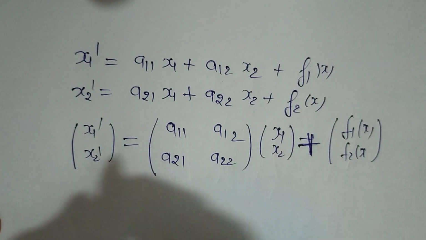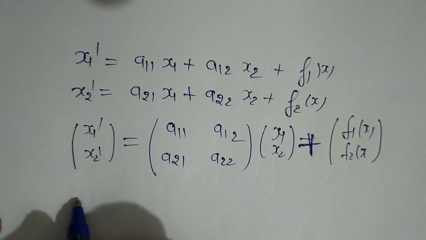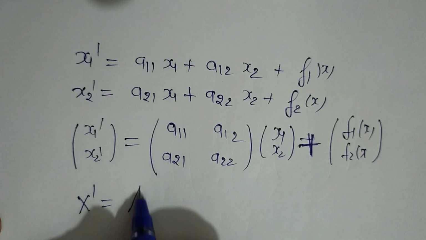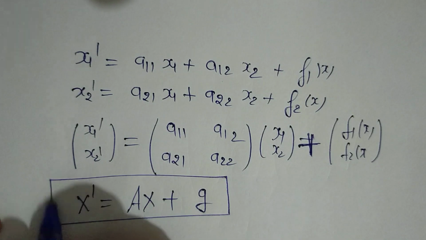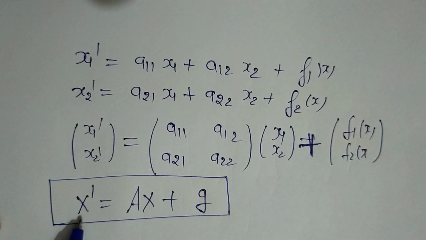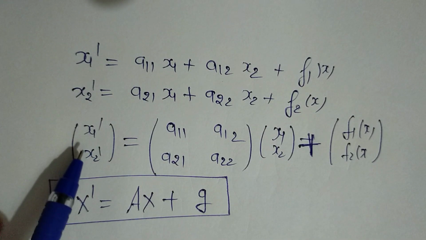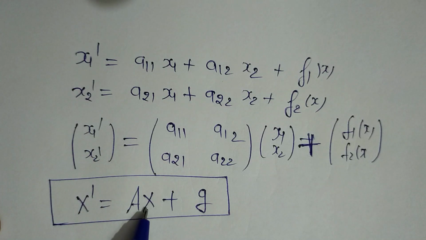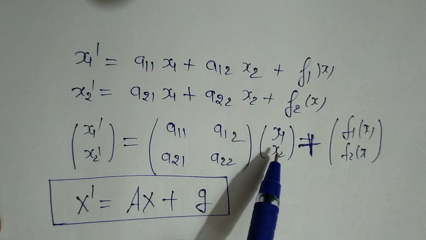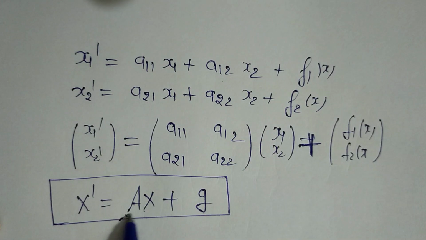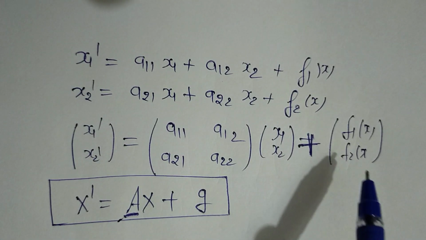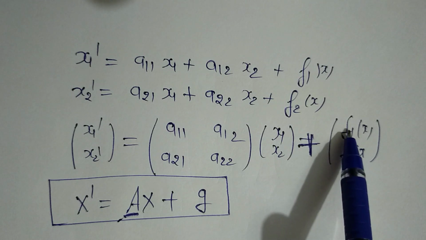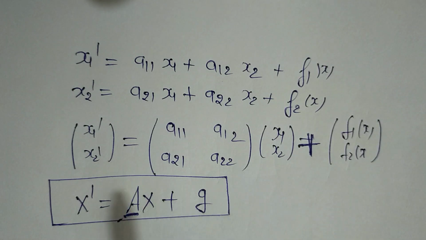Now in compact form, X dash equal to AX plus G, where X dash is the column vector x1 dash x2 dash, X is the vector x1 x2, A is the coefficient matrix, and G is the non-homogeneous part of the equation, f1 f2. So these all are vectors here.